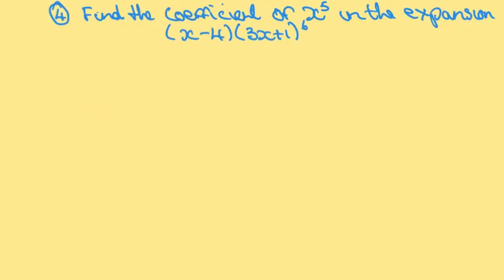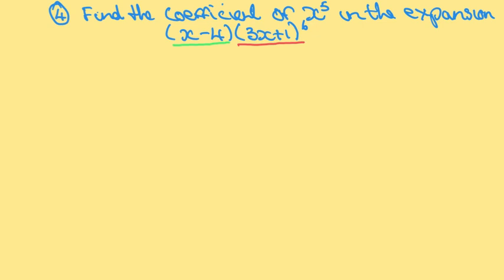Question 4. Find the coefficient of x to the power of 5 in the expansion of (x minus 4) times (3x plus 1) to the power of 6. In this example, I'm going to expand (3x plus 1) to the power of 6 and then multiply that expansion by (x minus 4).